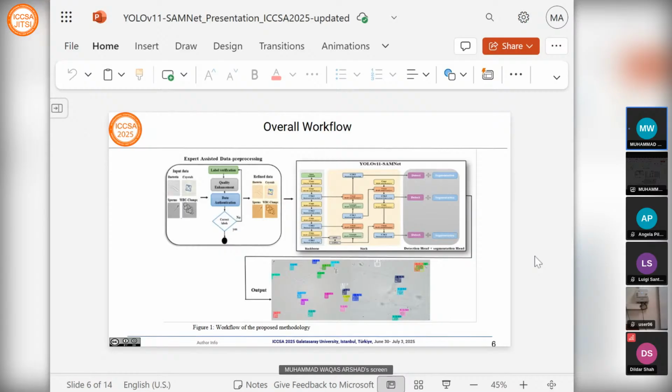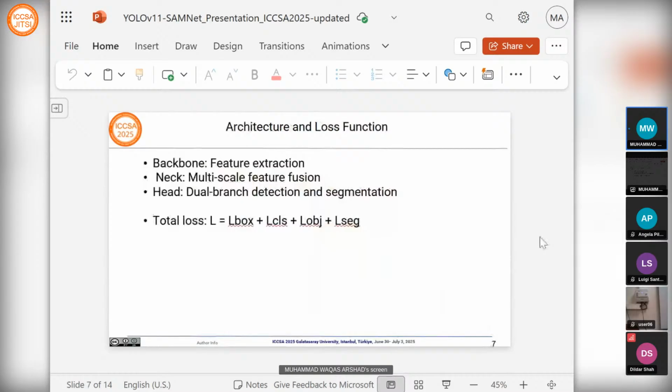So the next one is about the architecture and the loss function. If we look closely at the model architecture, the backbone is basically responsible for feature extraction, as we see in YOLO V11.